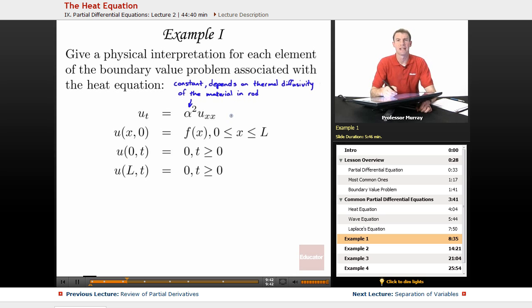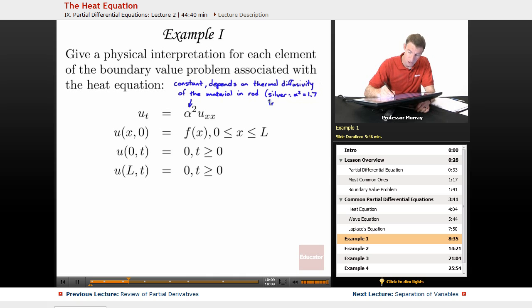Just to give you an idea, if the material is very, very conductive, then you'll get a higher value there. For example, silver has alpha squared equal to about 1.7, whereas if it's a material with lower conductivity, then you'll have a lower value of alpha.